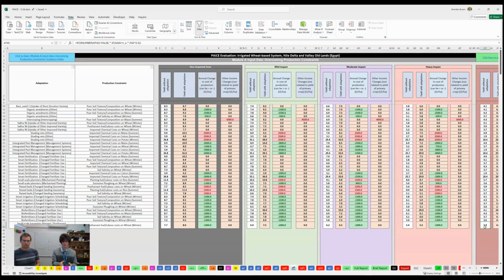So you will put the same number across the board. So in that example, if the yield without adaptation in areas that are not impacted by a lack of harvest equipment was 7.7 tons per hectare, and you can see that it has an impact each time.